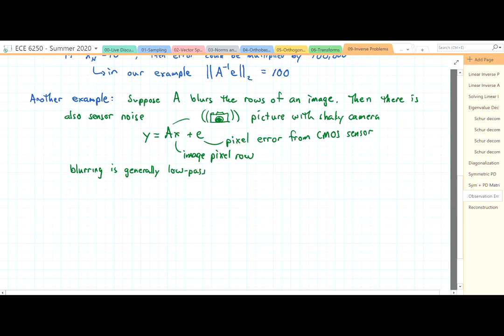The frequency response that we might expect from this blurring on a particular row of the image might look something like this. So what does this have to do with the matrix A? Well, we'll get there in a minute.